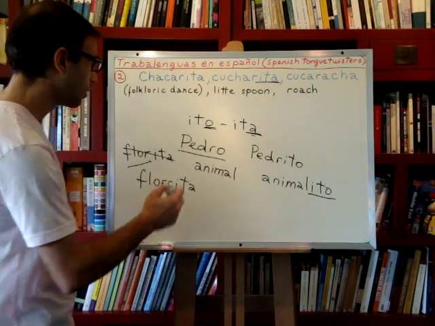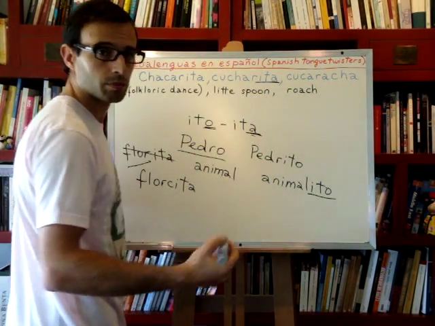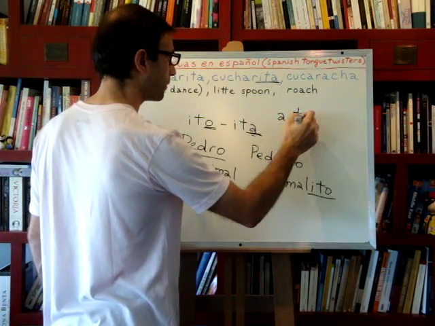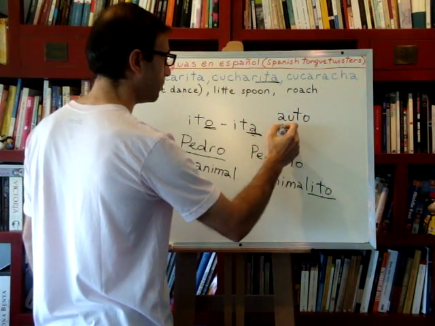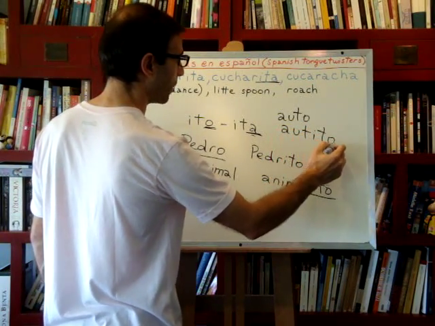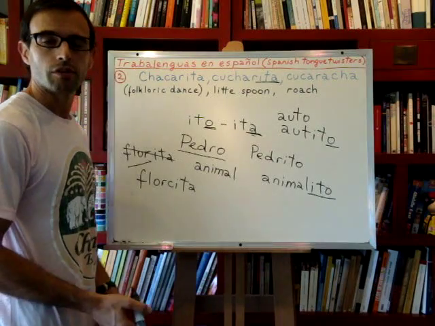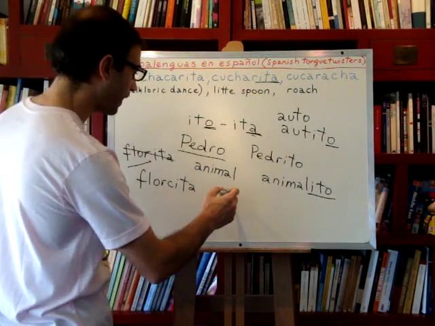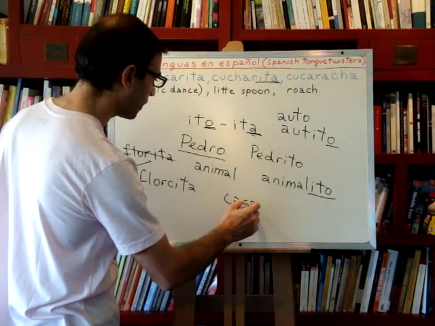Florcita. For car, a small car, we would say, this is car, right? The diminutive would be autito, autito, because it is masculine. For a house, a small house, we say, remember, casa is house.